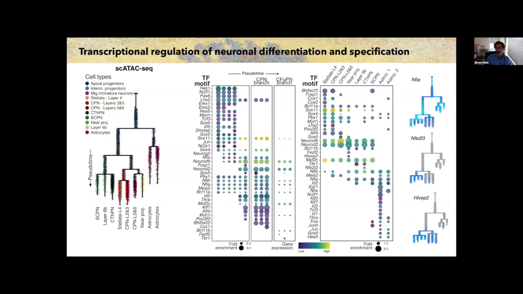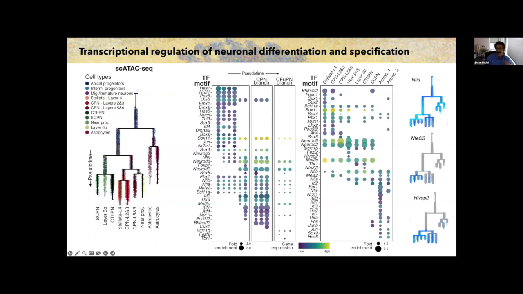I didn't bring each of these here for the sake of time, but for all these transcription factors, we validated with Slide-seq data. Each of these motifs enriched at a specific time point, during either migration or generation of a specific layer, we also confirmed to be expressed at the specific place using Slide-seq data.